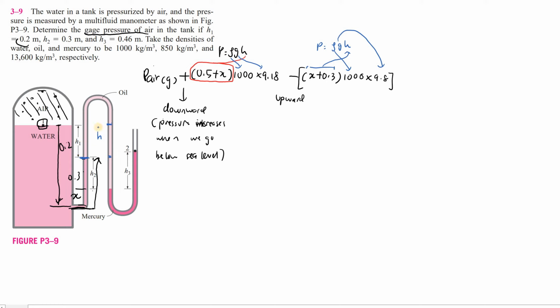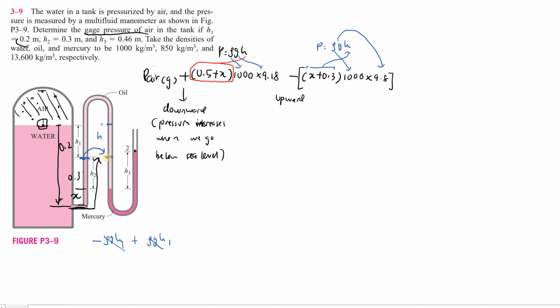Because if you go upward, you minus rho g h1, and then from here you go downward, plus rho g h1 as well. Then it cancels out. So I would like to go from this point straight away to here.